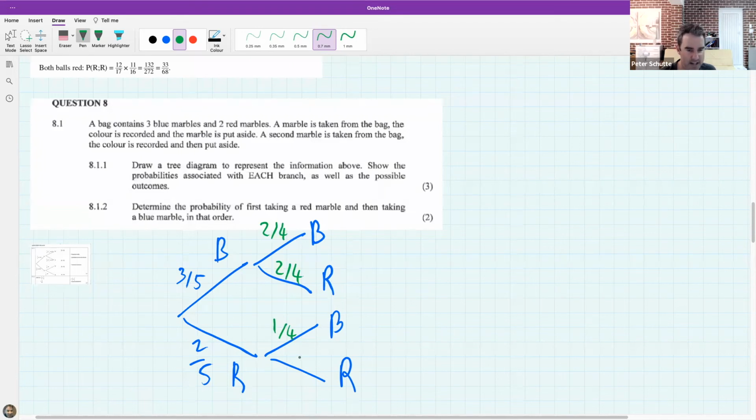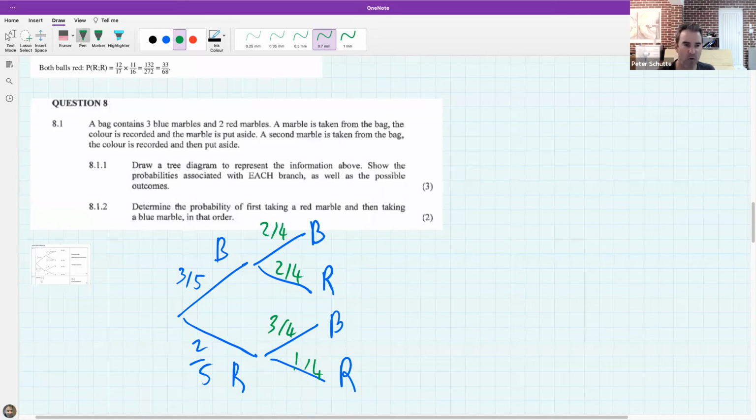Wait, this is a lie. So I've got 4 things left. How many of them are blue? I've got 3 out of 4. If I chose a red to start with, I've taken 1 red out, which means I've got 1 left. I've got 1 out of 4 like that.